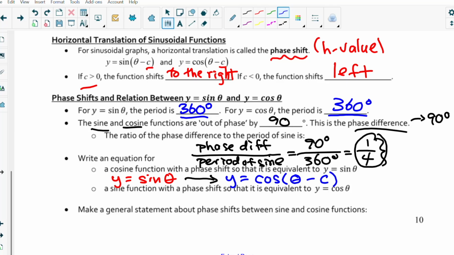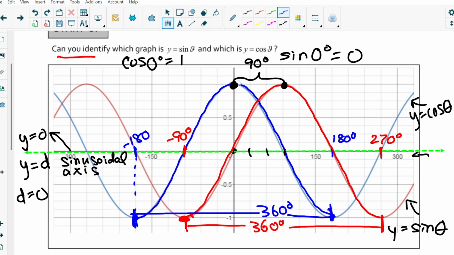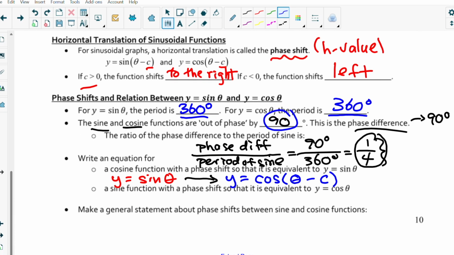What is that phase shift? We said the phase difference is 90 degrees. Well, 90 degrees which way? To go from here to here, that's a phase shift to the right. So here, c is greater than 0. The cosine graph is moving to the right by 90 degrees, so I need a positive c value of 90 degrees. So that's minus 90 degrees.